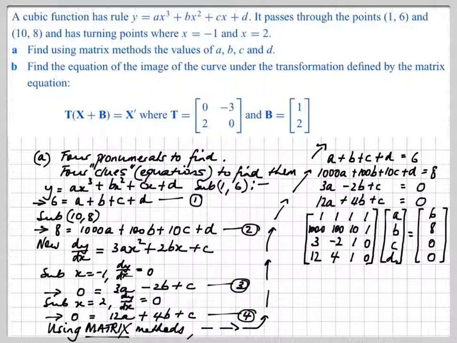Yeah, alright. Now, what we have to do is turn that into a matrix equation, so I'm going to define them as follows. Okay, AX = B. Now, look, that looks weird, but capital A is the first matrix, capital X is the second matrix, and capital B is the third matrix.